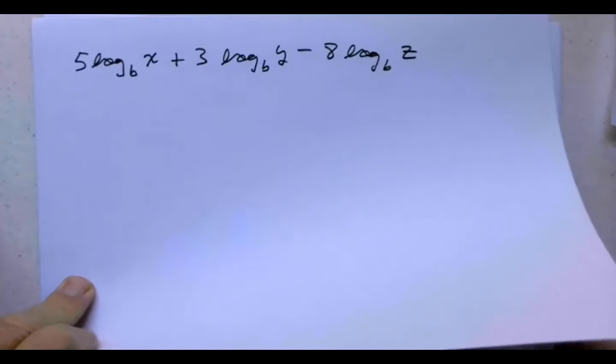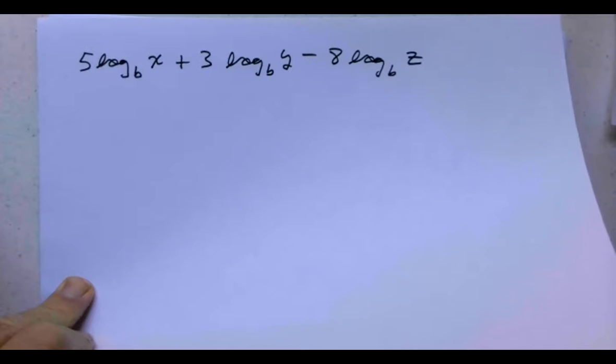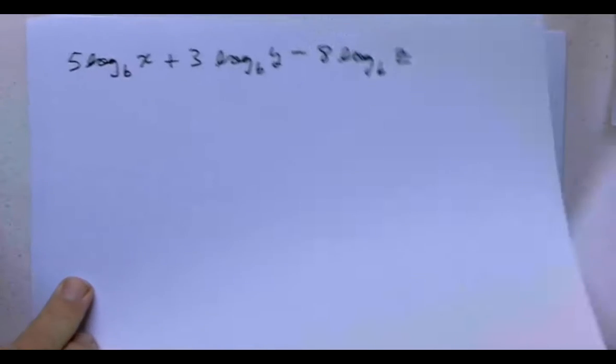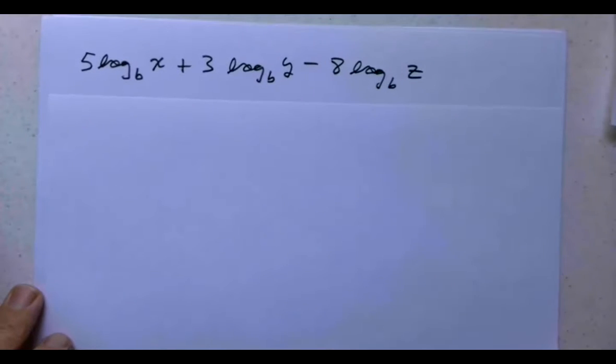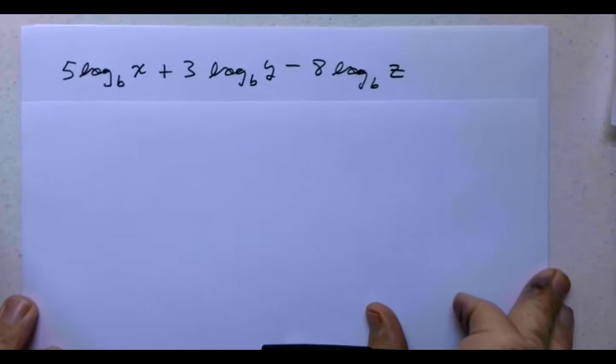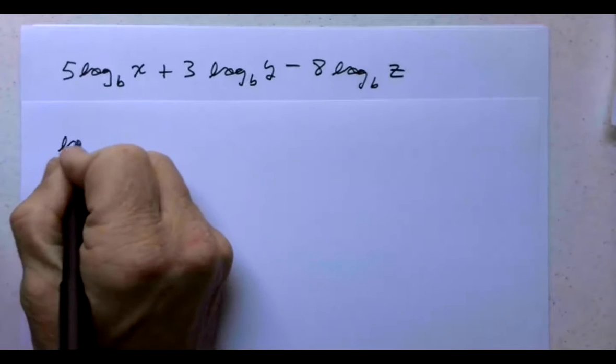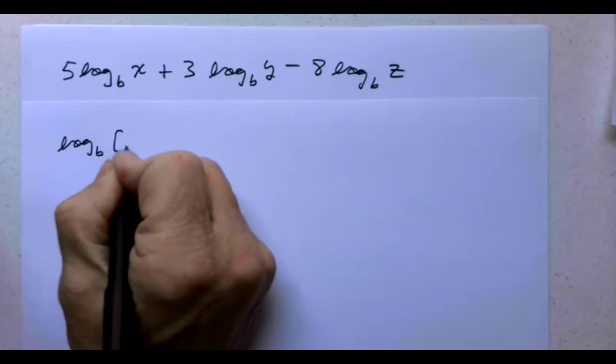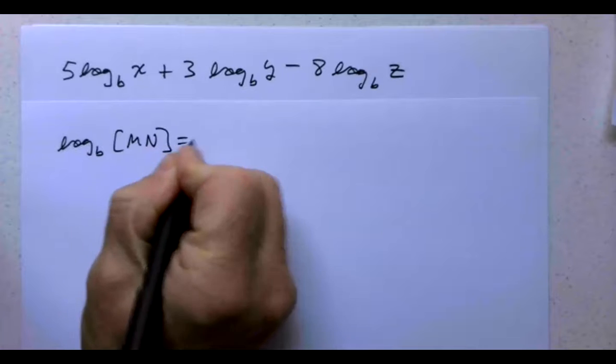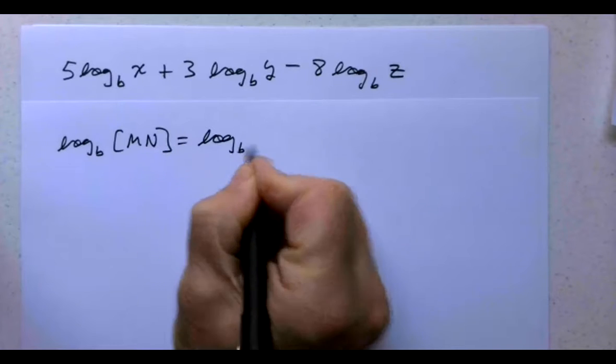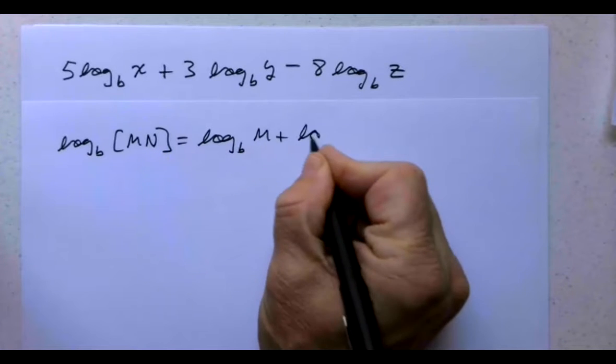What are they? Well, the log of the product is the sum of the logs. The log of the quotient is the difference of the logs, and we can pull exponents down. So let's clarify that idea. Log b of mn is log b of m plus log b of n.